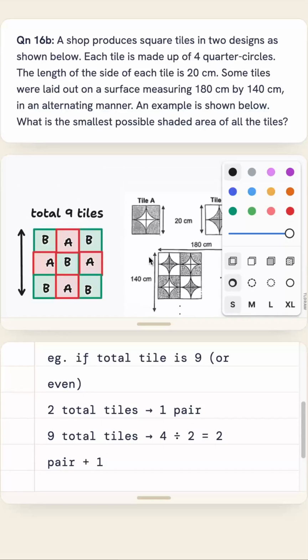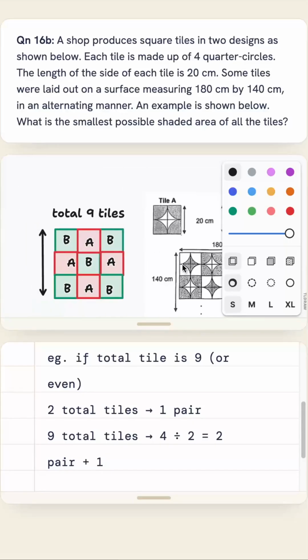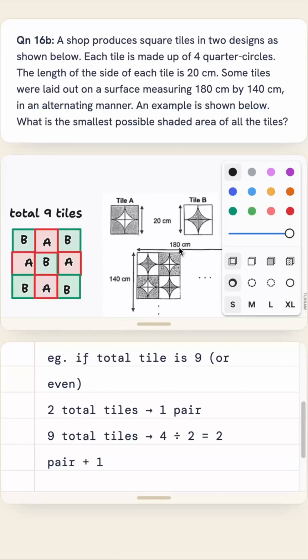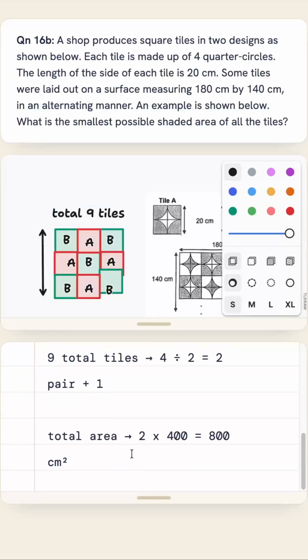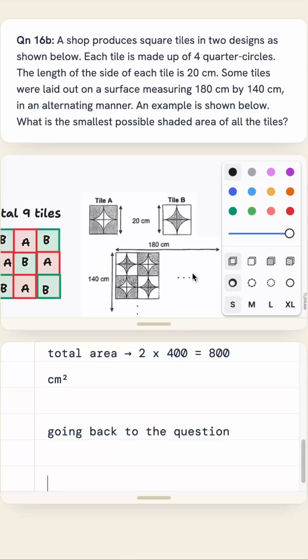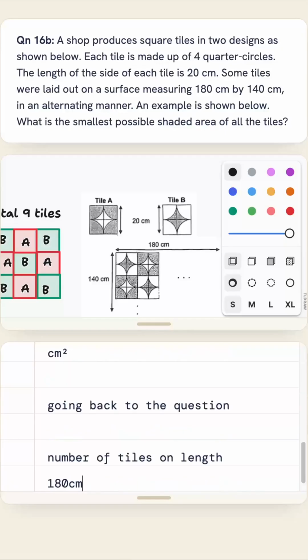At the same time, we also need to know the end of the 180. If it's even, then it should be A. So in this case, we want to find out the number of tiles on the length, 180 centimeters.